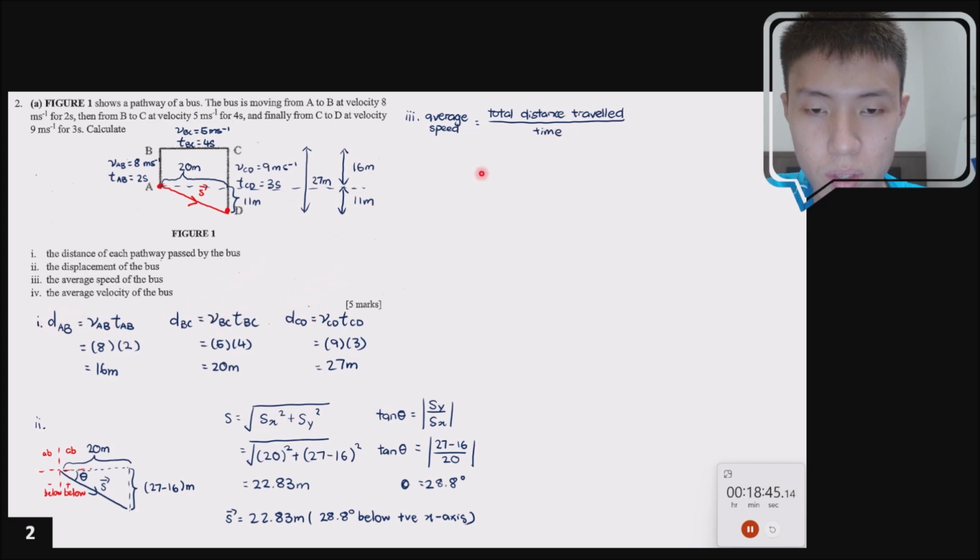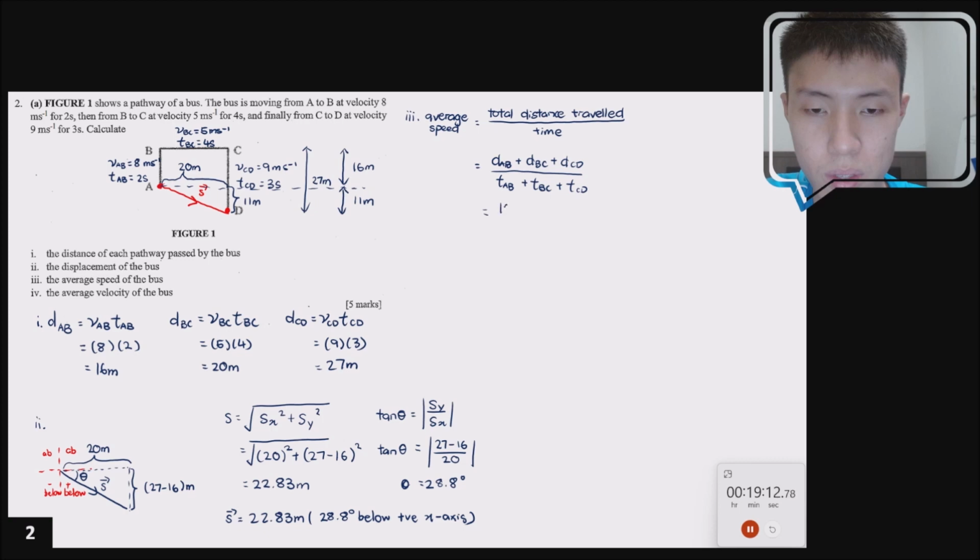So that one should be quite direct. DAB plus DBC plus DCD divided by the total duration for everything to happen. You can do it slowly by saying that this is TAB plus TBC plus TCD. Okay, you can do it that way.